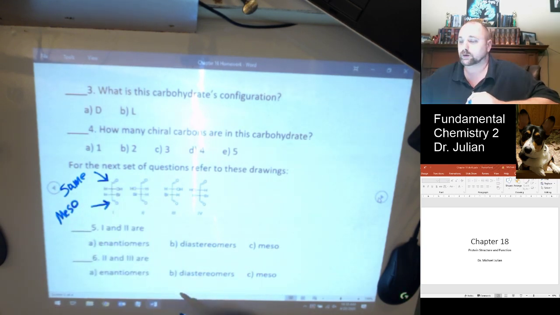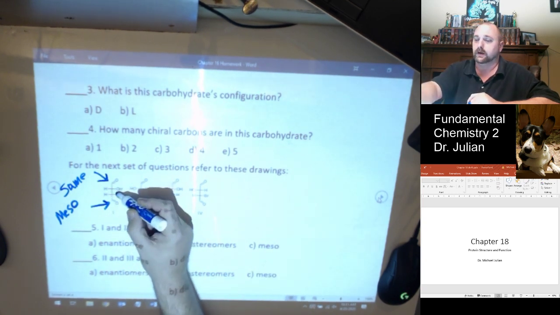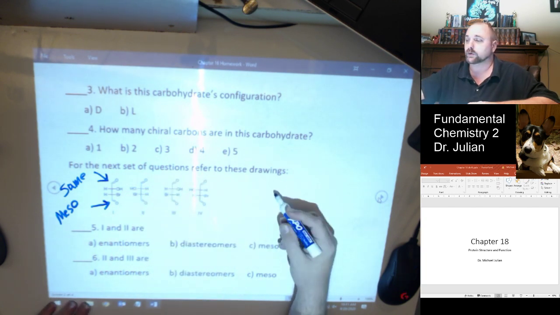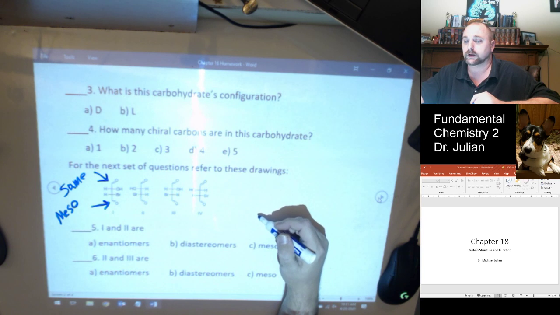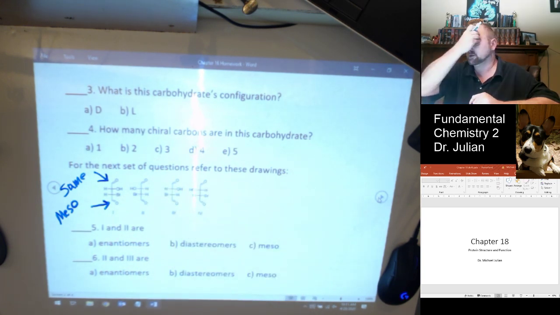Meso is when you can draw a line of symmetry. So we'll look and see if there's any lines of symmetry in any of these. And I don't see one because I got an OH and a BR. So with an OH and a BR, I don't have to worry about any lines of symmetry. No line of symmetry, no line of symmetry there.